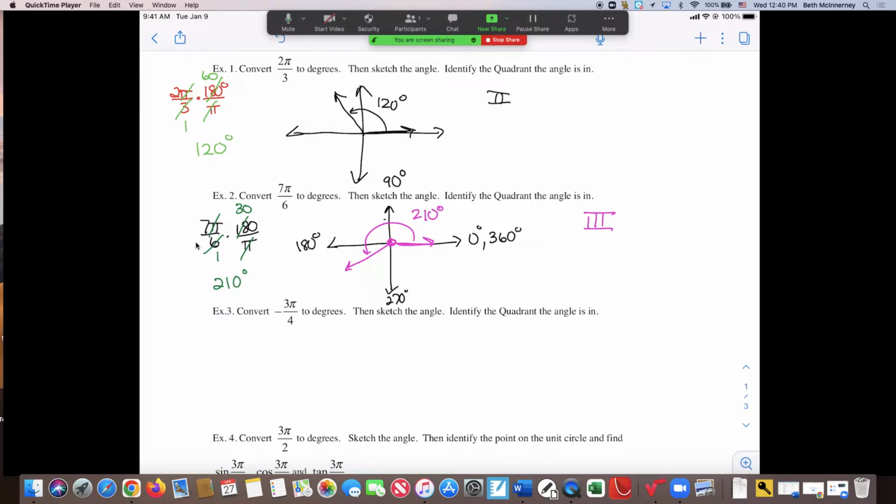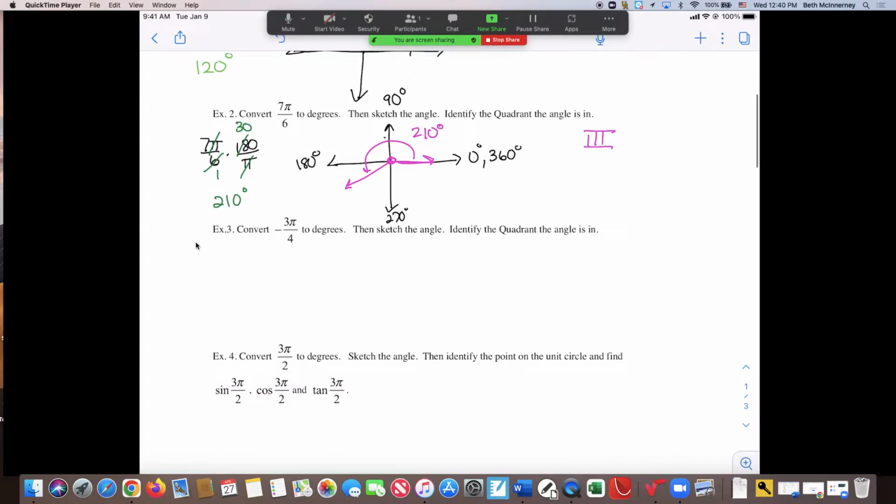What does the negative angle tell us? It rotates clockwise. Nice. Okay, that's what the negative angle will do. And then I might be asking you to do a teeny tiny bit of arithmetic.